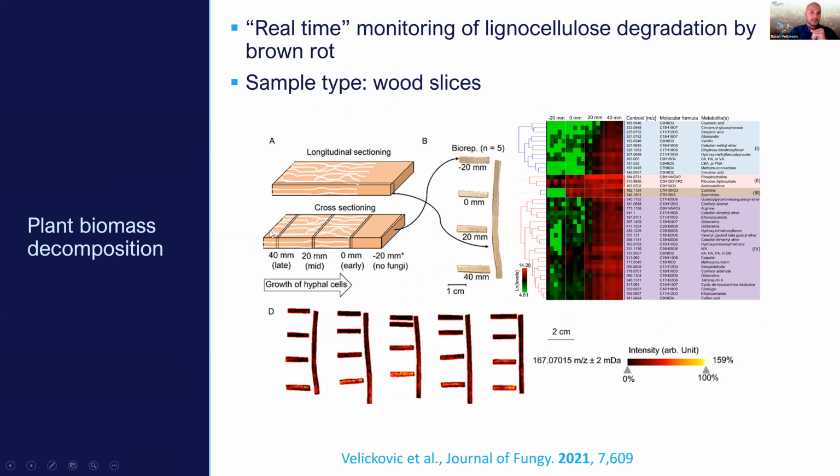As you can see here in space, we can separate time of degradation, and by analyzing different slices of this wood buffer, we can have insight into what lignocellulose degradation products are in which stage of degradation, or what fungal metabolites are in exactly the same stage of lignocellulose degradation.